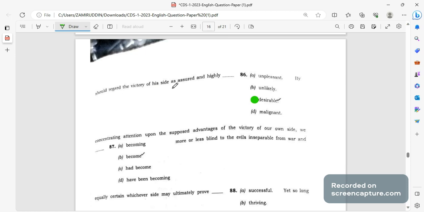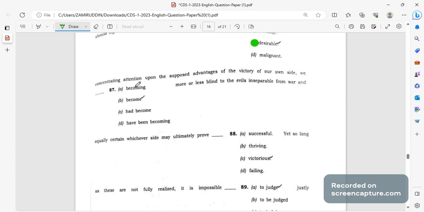So should regard the victory of his side as highly desirable. अपनी victory सभी को desirable अच्छी लगती है. We are desiring that.